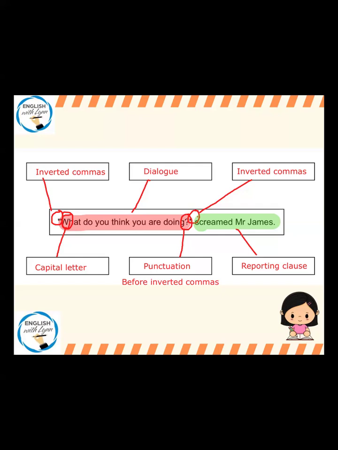Okay, so the reporting clause is really important because it tells the reader who is saying it. So I will save that one, and then the next one that we've got, it's the same sentence, but the bits are in a different place.